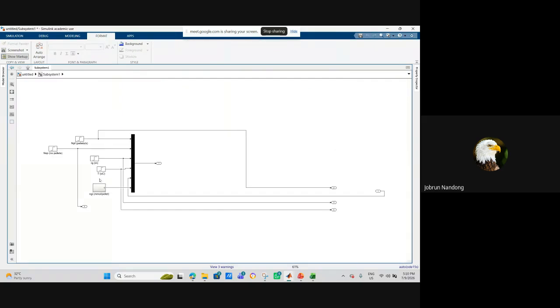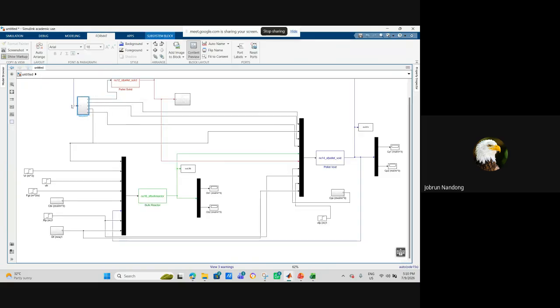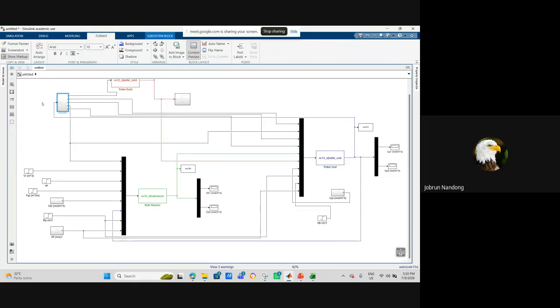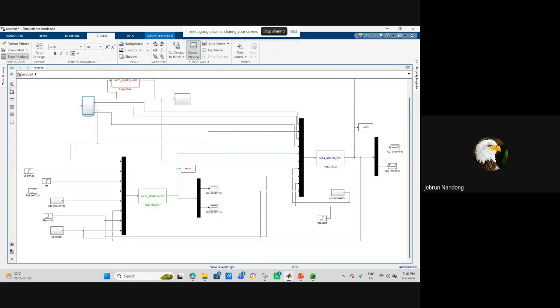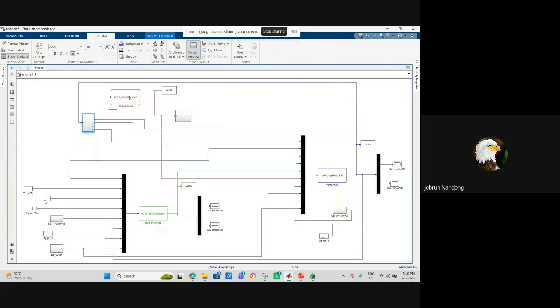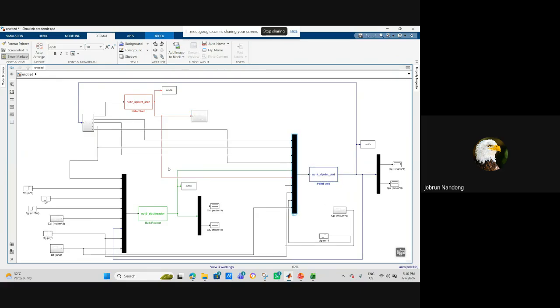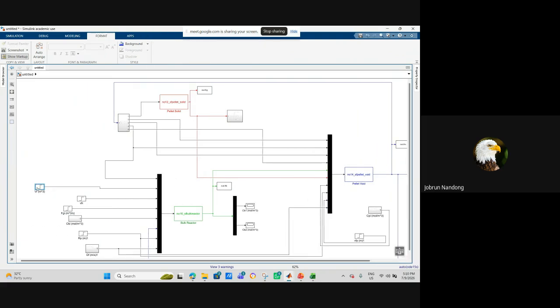Okay, this one just now already. All of this needs to be out because this one needs to be specified, all of this.